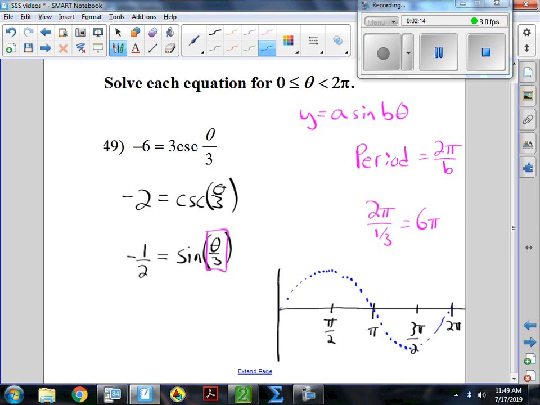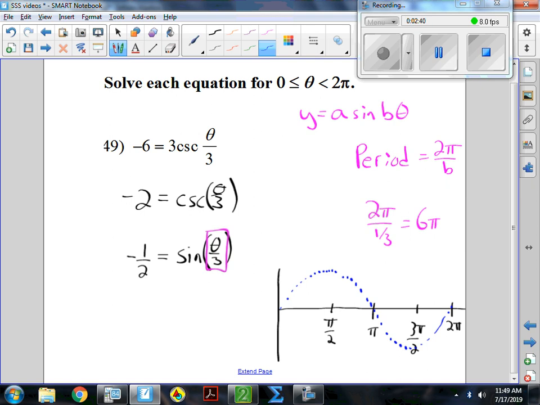And so sine equals -1/2 would be at the pi over 6's in both quadrants 3 and 4, so 7 pi over 6 and 11 pi over 6. But this graph's been stretched out to 6 pi, so it completes half of its cycle at 3 pi, or it completes a third of its cycle at 2 pi.